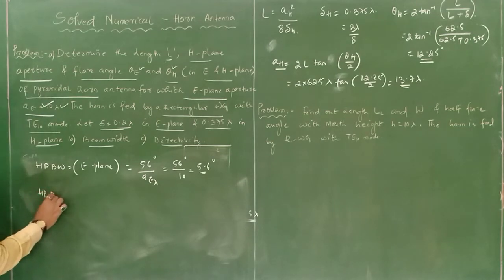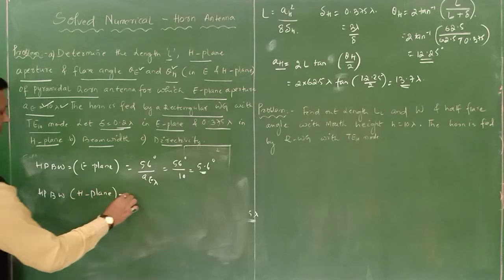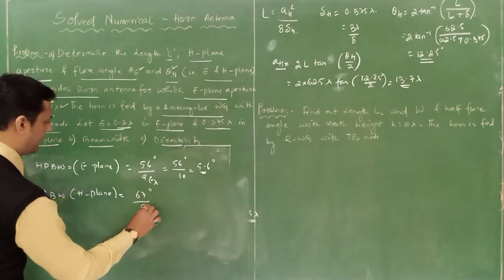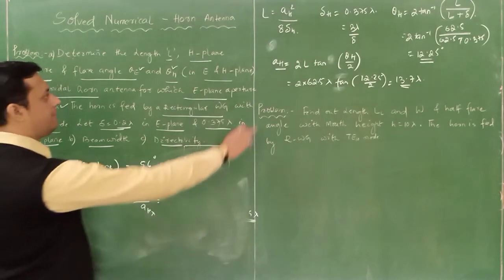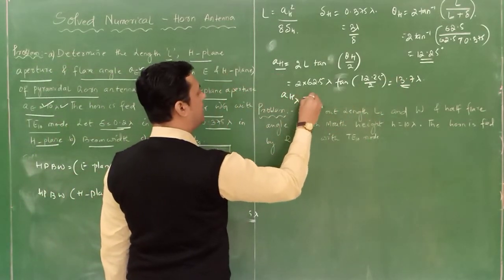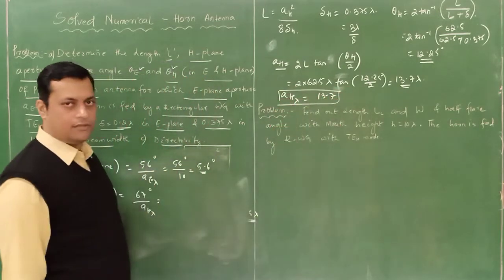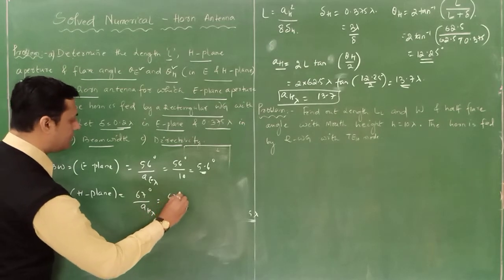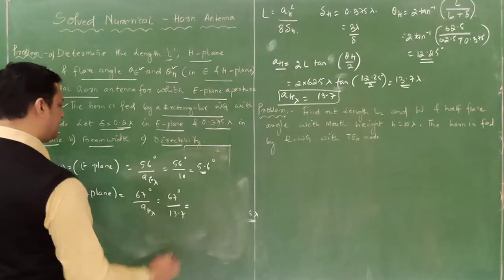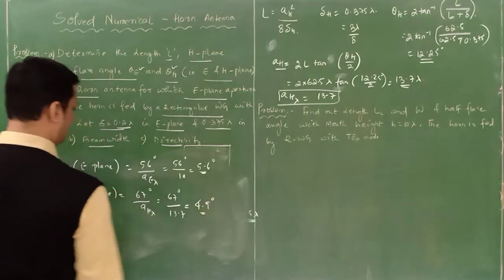Similarly, half power beamwidth for the H plane is equal to 67 degrees divided by AH by lambda. AH we have already got, and AH by lambda is 13.7. So we substitute 67 degrees divided by 13.7, and we will get near about 4.9 degrees.